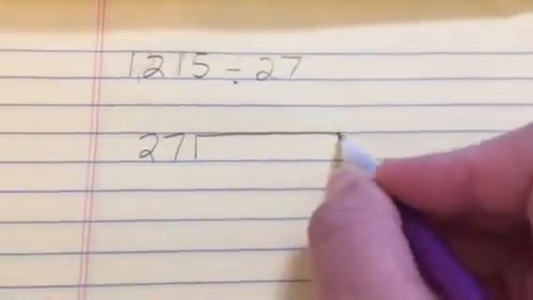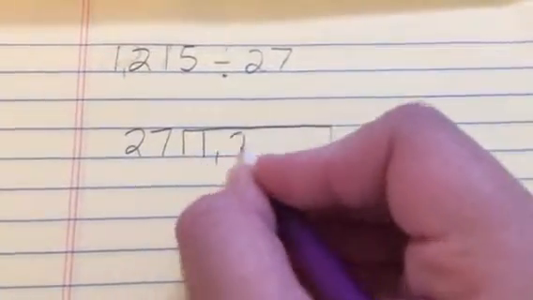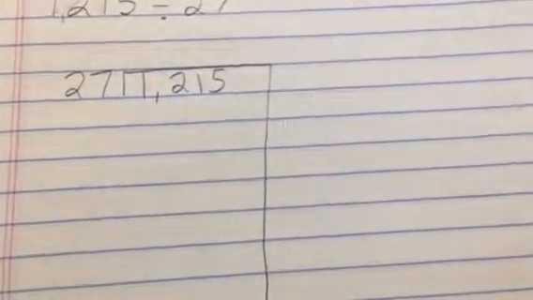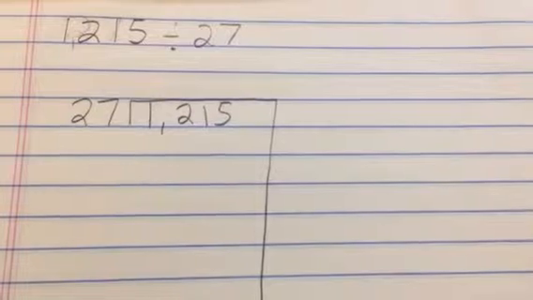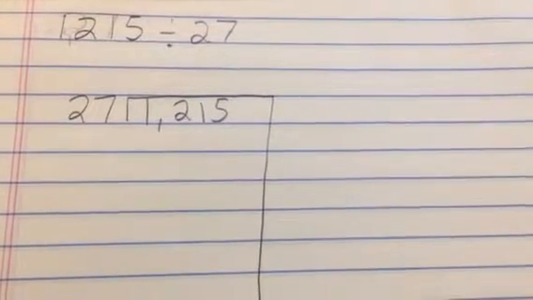Okay, if you use partial quotients to solve this, you would set it up. You have 27, then you have your 1,215. The first thing we do is 27 times 10 will get you to 270. I'm thinking we can go higher than that.